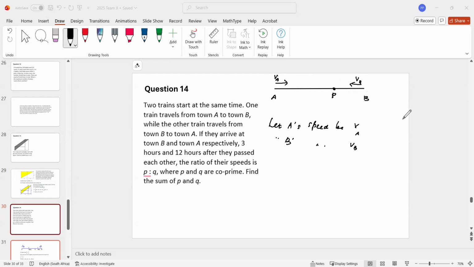Right. Now they say that they arrived at town B. So it took 3 hours. Right. That means A took 3 hours to travel that distance, and the other guy is much slower. He took 12 hours.